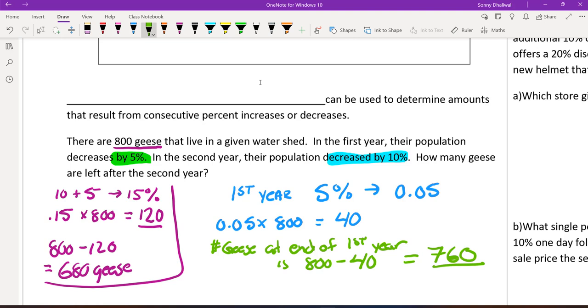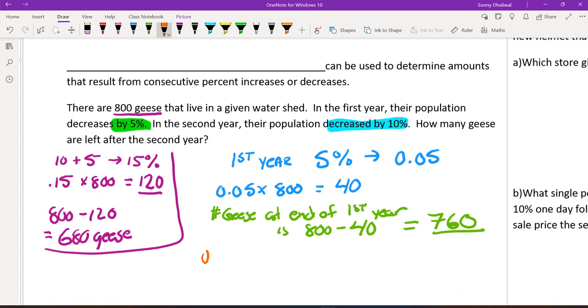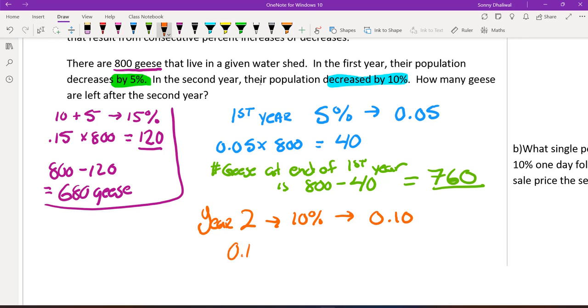All right. So now we're starting year 2. And it says we drop our population by 10%, which as a decimal is 0.10. 10 divided by 100, 0.1. So how many geese do we lose in the second year? Adam? 76. We take our percentage, multiply by how many geese we have, and we get 76.